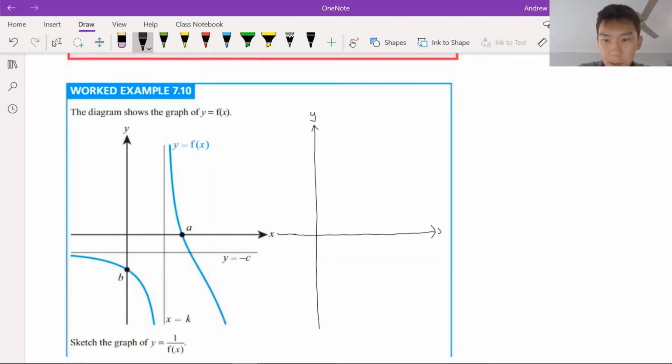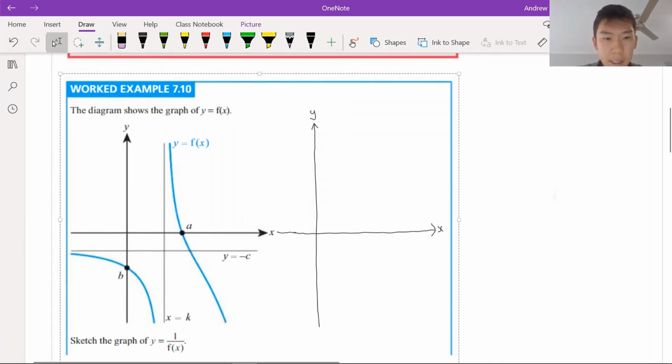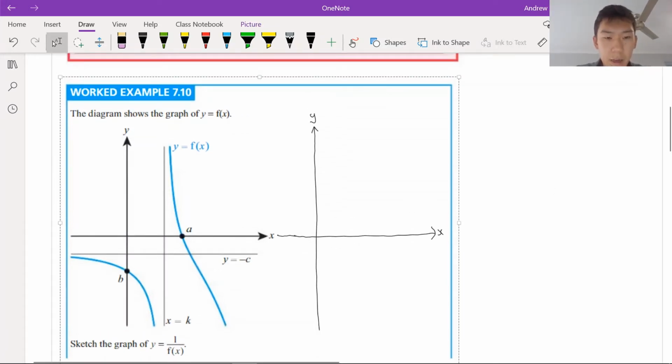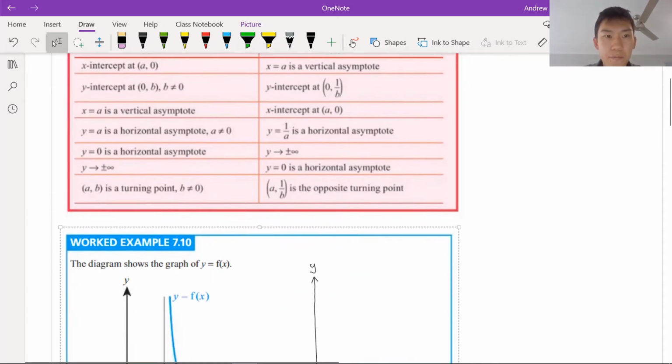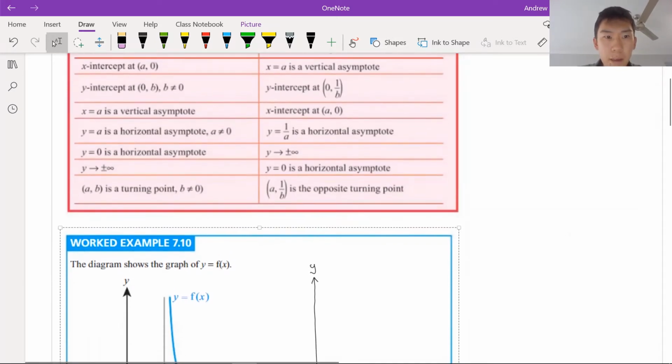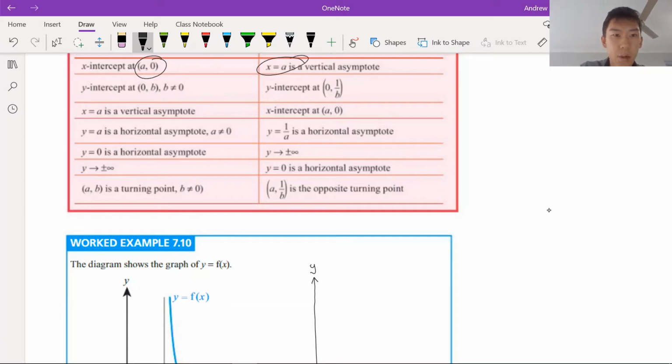Okay, so let's start with the x-intercepts and asymptotes, so all vertical asymptotes. So they basically swap, right? x-intercept becomes a vertical asymptote, asymptote becomes an x-intercept, all right? So they swap. So let's just do that.